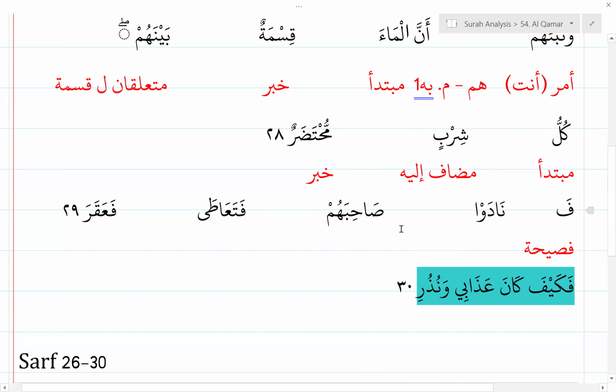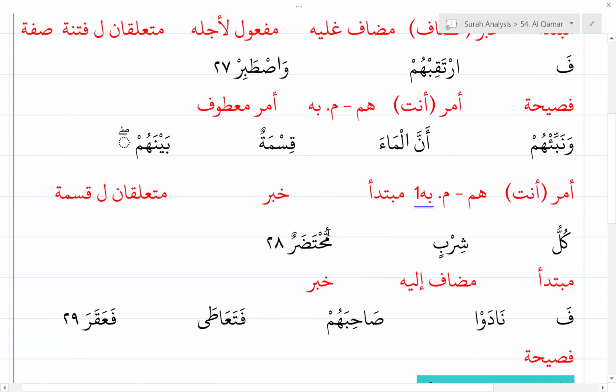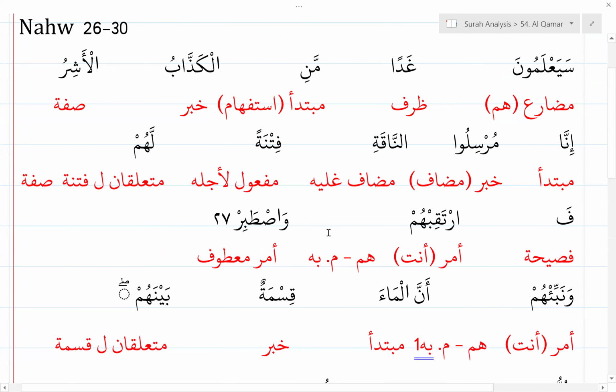I think we covered this part last week when we did the explanation, but just to explain what's happening. We talked about how Allah was having a conversation with Saleh, and Allah told Saleh, "Inna mursilu naqati fitnatan lahum, fartaqibhum wastabir." So Allah is talking to Saleh. This scene is describing the conversation between Allah and Saleh.